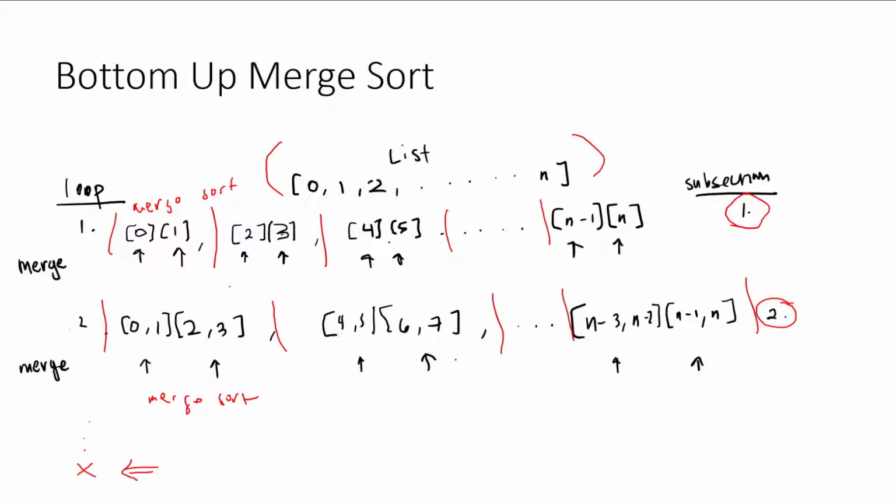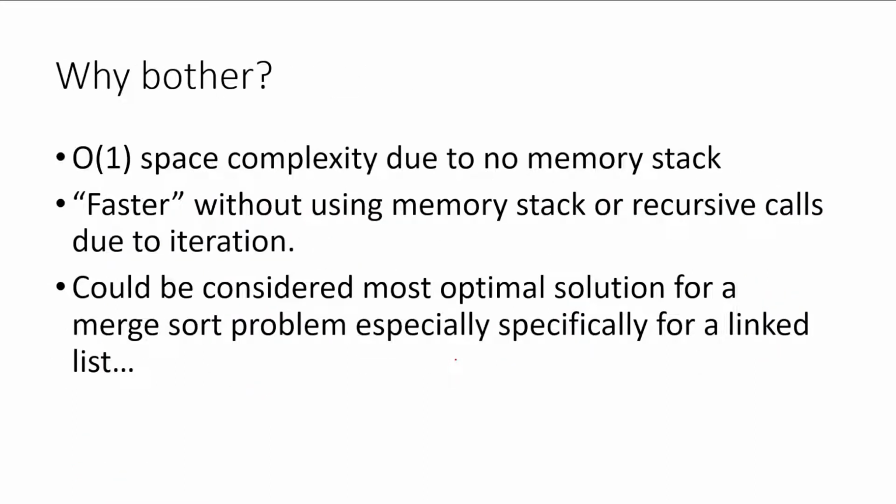If that's not quite clear, I think when you see a little bit more of the logic and see it in action, it will make a little bit more sense.